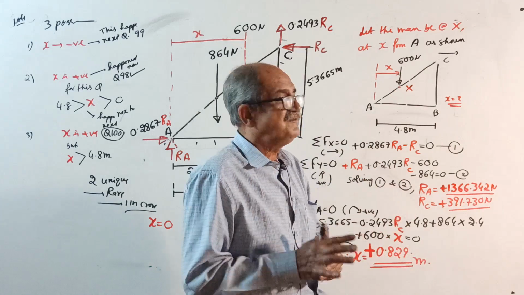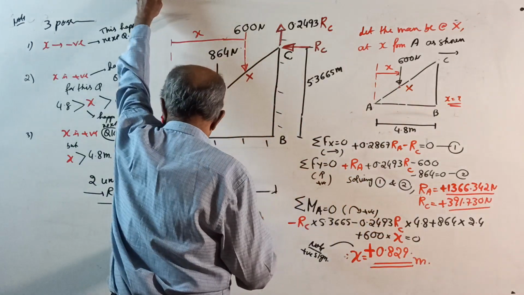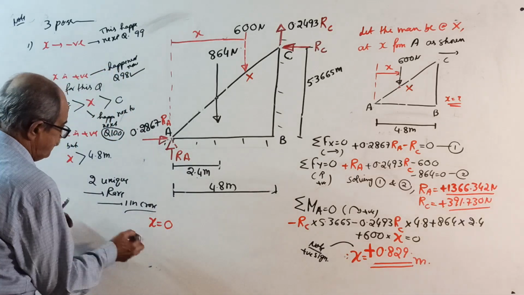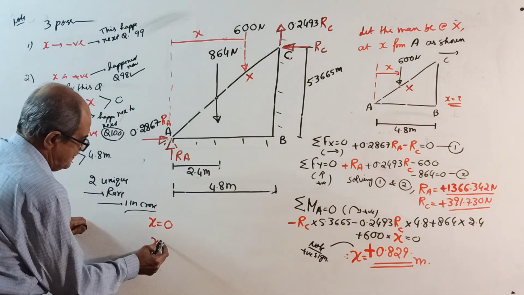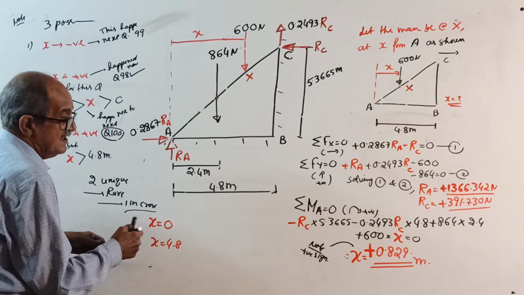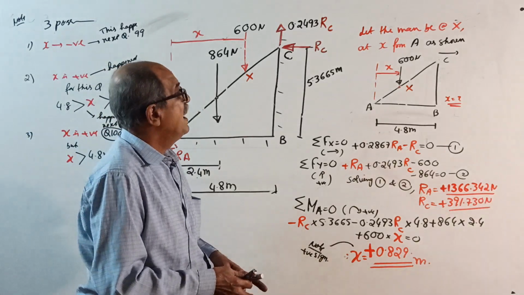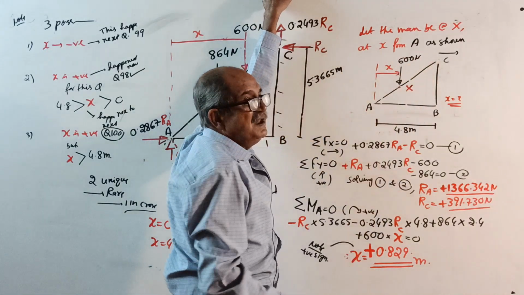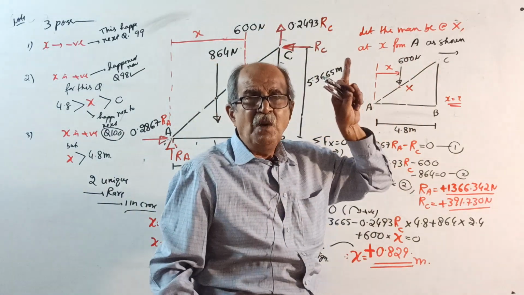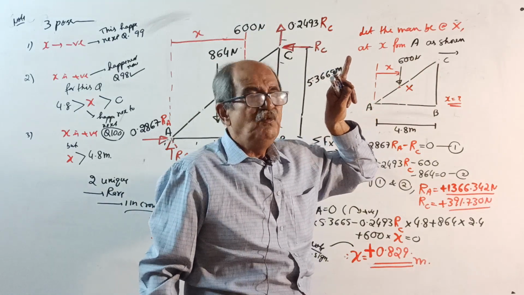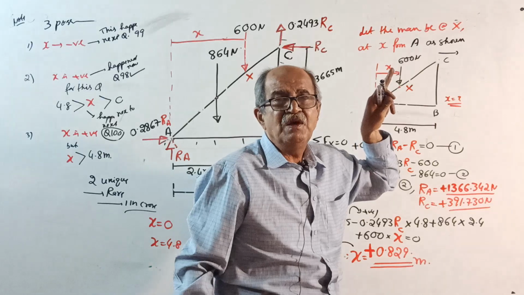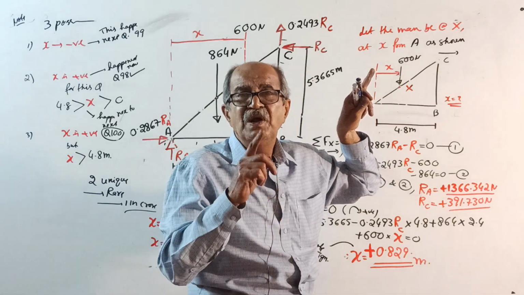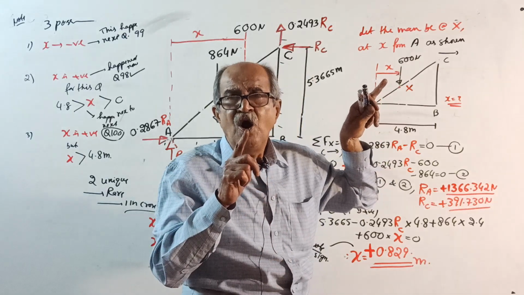Very, very rare case. Or one more chance is x is 4.8 meter. That means the person horizontally will go 4.8, and when he is standing at the topmost rung of the ladder, the worst case, even then the ladder will not slip.